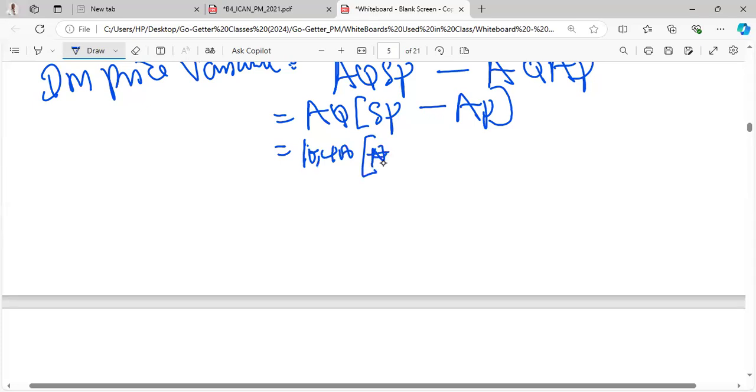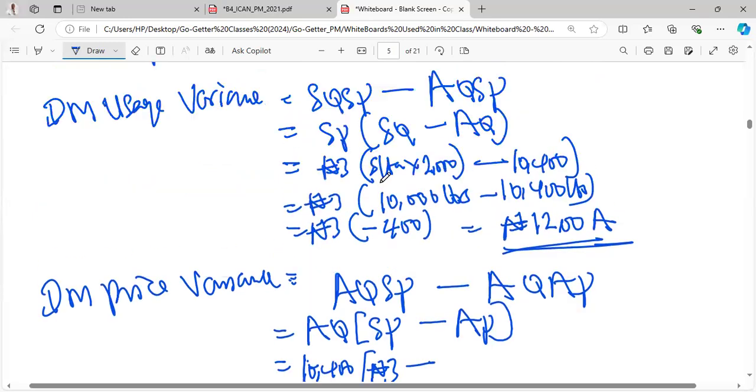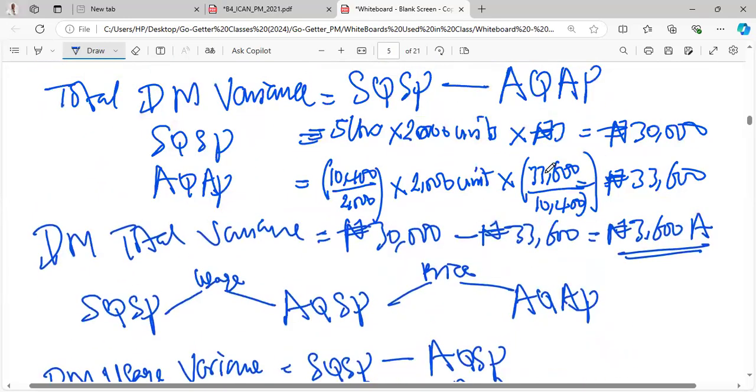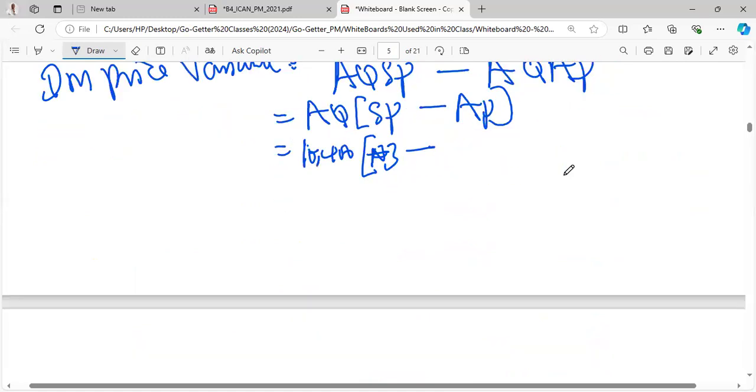We said it was 3 naira. What is the actual price for 1 liter? We now said it's going to be 33,600 divided by 10,400. So what would that give us? Do it now.